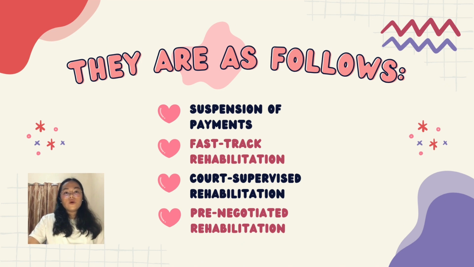Lastly, the pre-negotiated rehabilitation process allows for summary judicial proceedings for debtors seeking ratification of a rehabilitation plan that was approved by a majority of the creditors before they sought relief from the court.